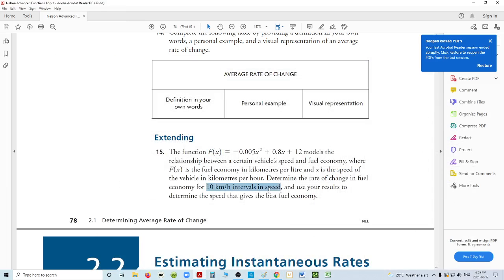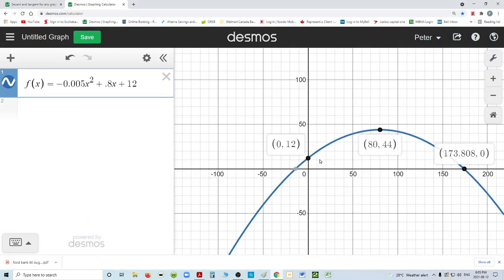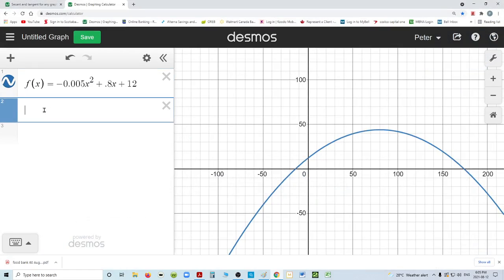And then it wants you to figure out 10-kilometer intervals in speed and use your results to determine the speed that gives you the best fuel economy. Yikes. They don't even want you to graph it. But you can see this graph is useful. I could do this too, with 10-kilometer intervals.